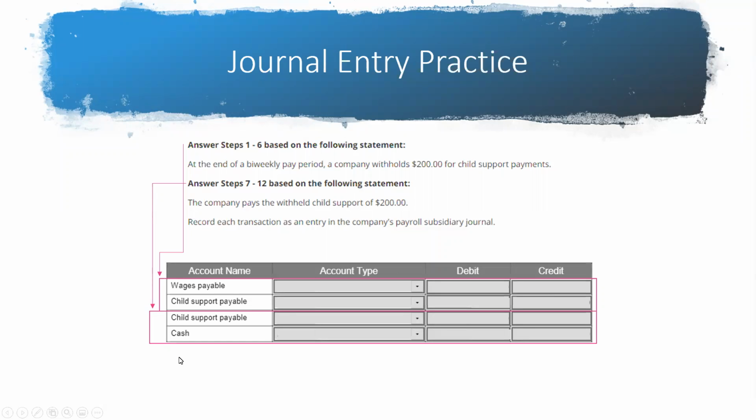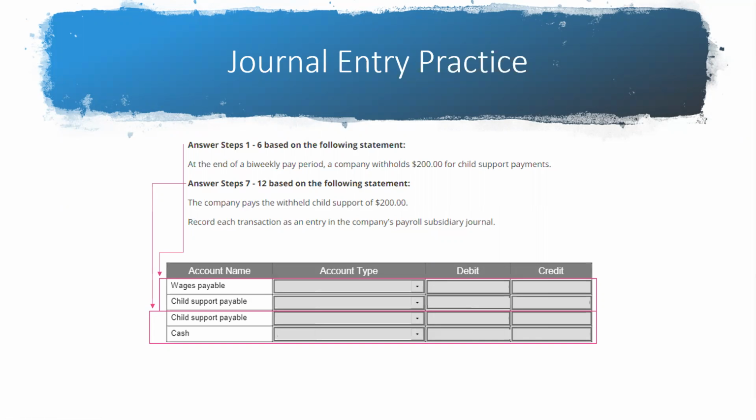Okay, so if we're going to answer steps 1 through 6 based on the following statement: at the end of a biweekly pay period, a company withholds $200 for child support payments. And then for steps 7 through 12, based on the following statement: the company pays the withheld child support of $200.